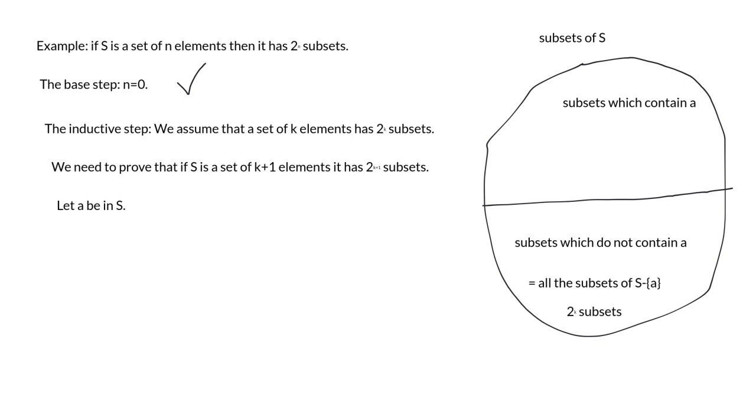Okay, now we're going into the other part. These subsets here contain A. Now I claim that every subset in this part is obtained from a subset in the other part by adding A to it.